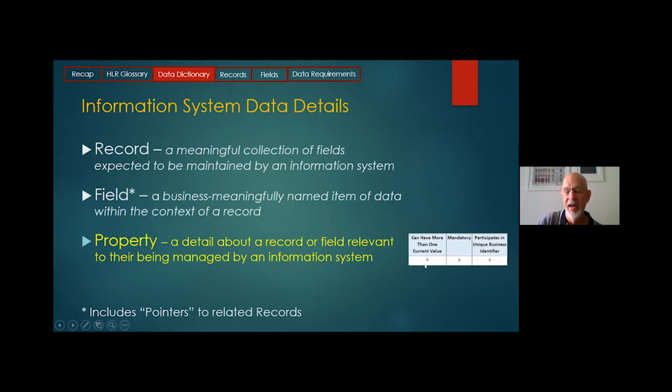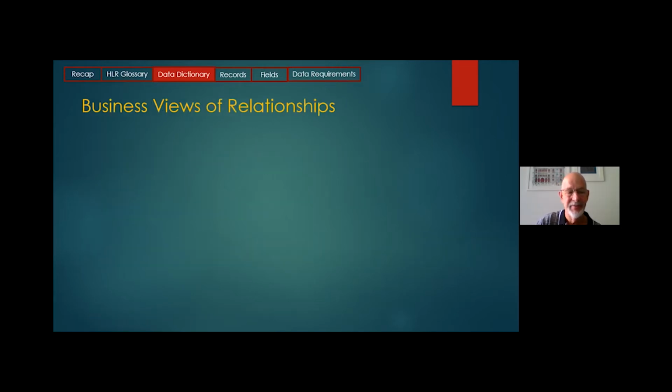Is that field mandatory? And does that field participate in the business identifier? So in our data dictionary, we'll have records, we'll have fields, and for both records and fields, relevant properties. We'll see what those look like later in this presentation.